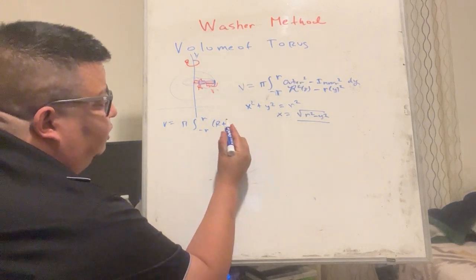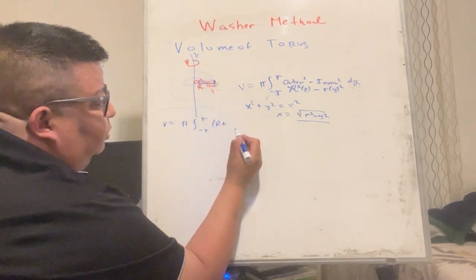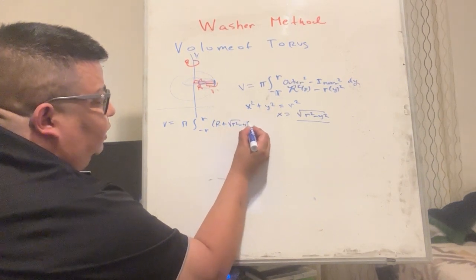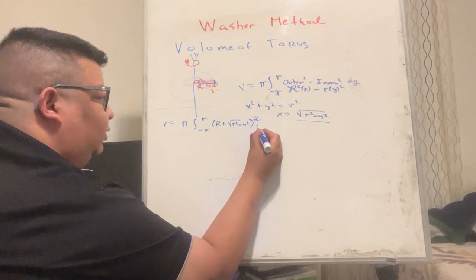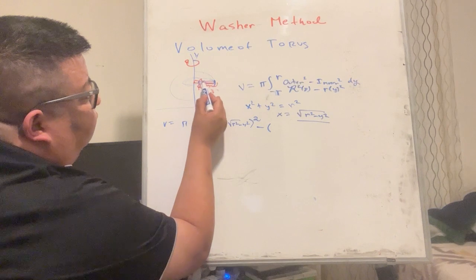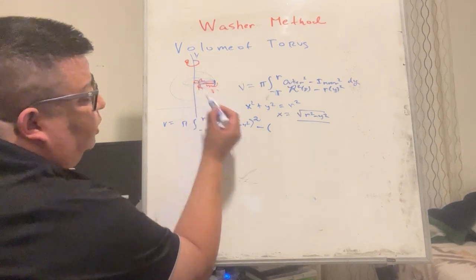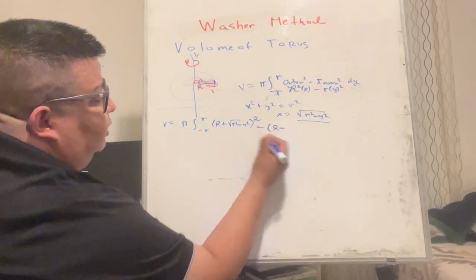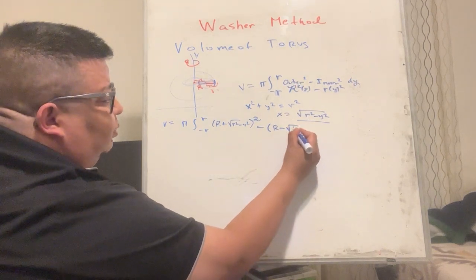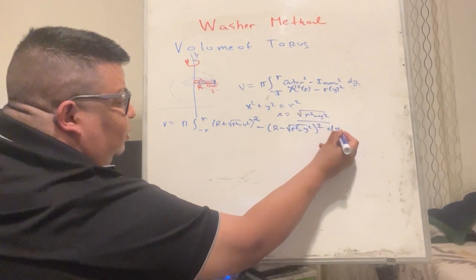The length from the middle to the outside will be R plus the square root of r squared minus y squared, this whole thing squared. Minus, now I go from here to here, but I don't want this piece. So I'm going to take R and subtract this piece, which is again the square root of r squared minus y squared, squared, dy.